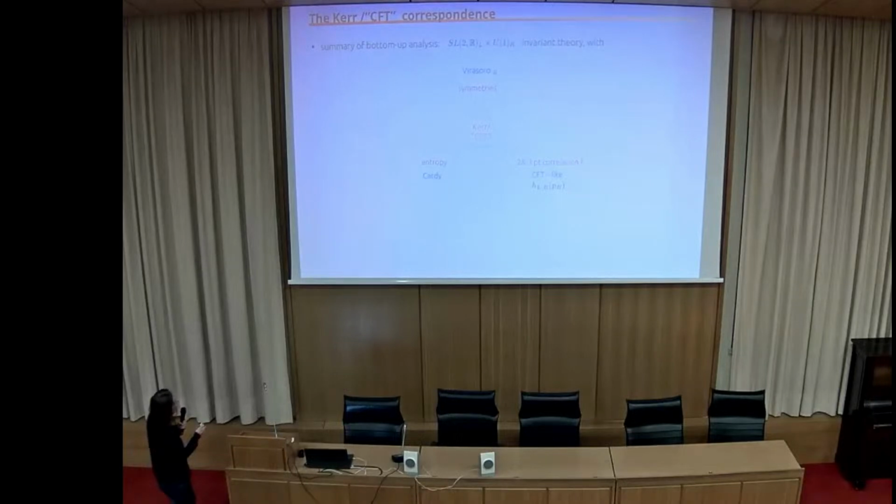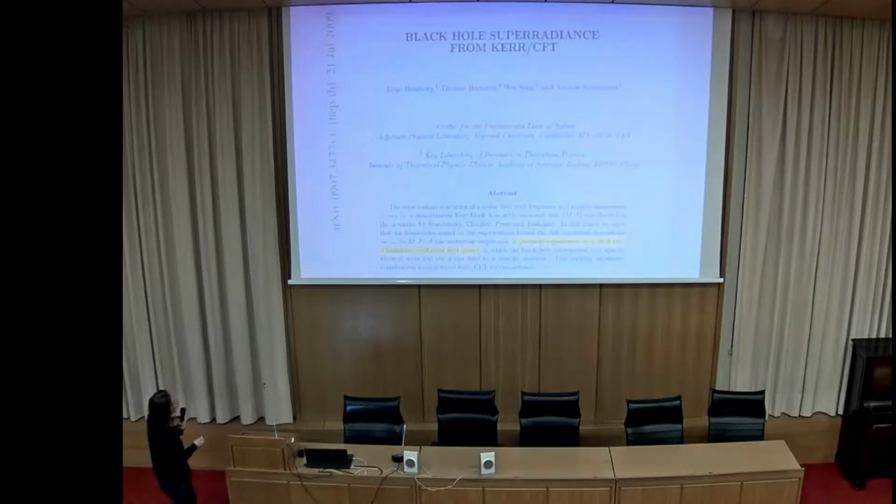This should be well known, but basically the people who did the calculation were these people. It's a bit confusing that in the abstract they claim that the scattering amplitude is reproduced precisely by a dual two-dimensional conformal field theory.